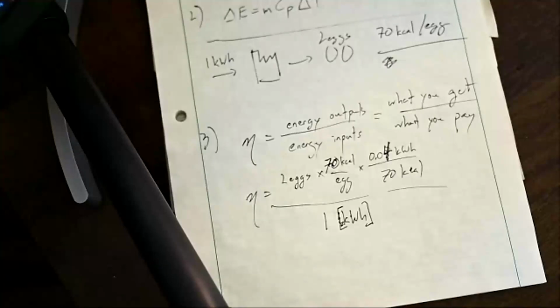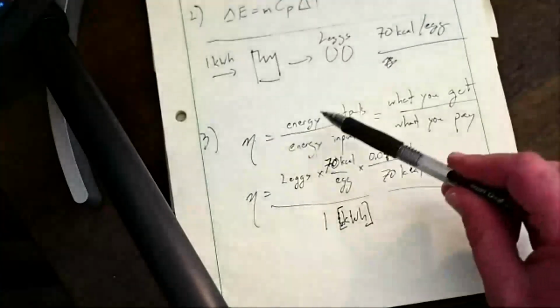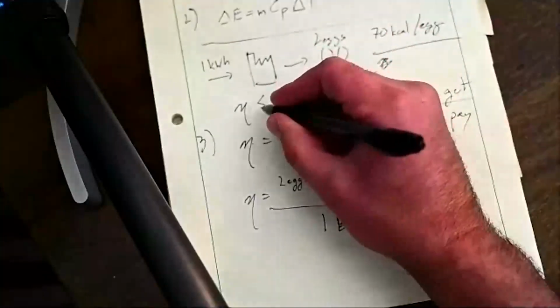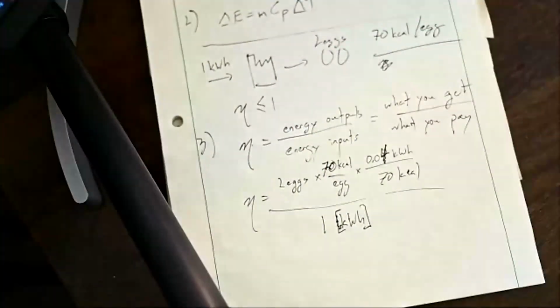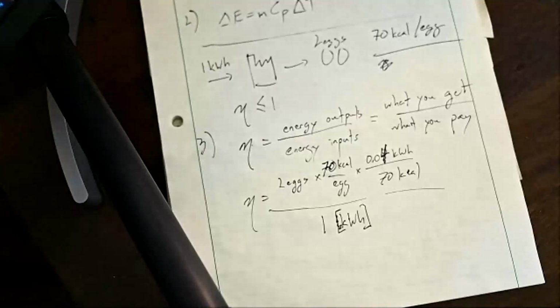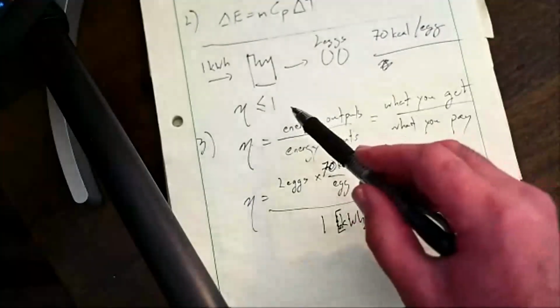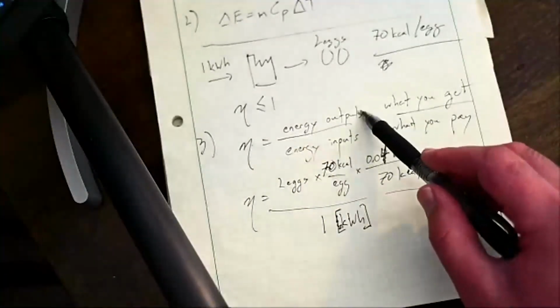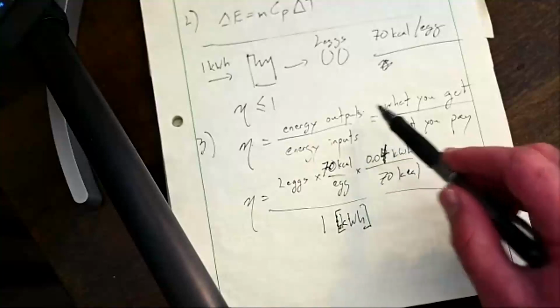So I'll take a little break for a second to explain things. When you do this efficiency calculation, it's always less than or equal to 1. You don't get things above 100%. I mean, you can with different coefficients of performance, but that's for a later class. And for this notation to work, the units of these 2 energy terms need to be the same.